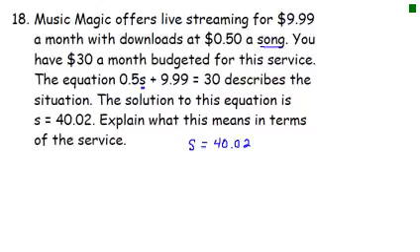So that means if we've got s equals 40.02, that you could download 40 songs. That's what that means in this situation.